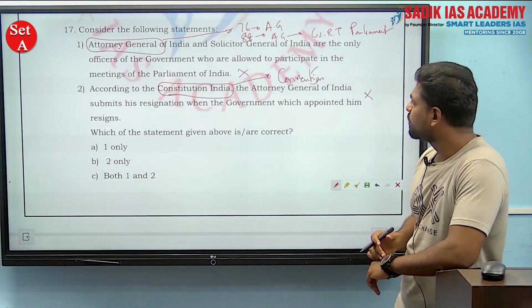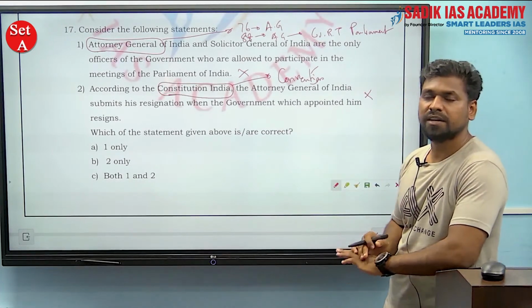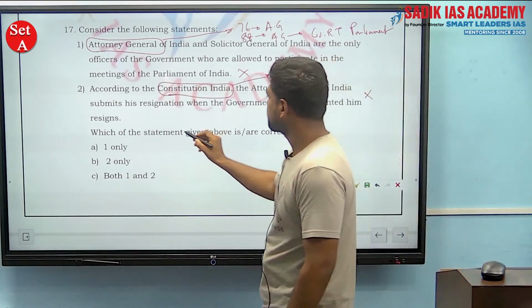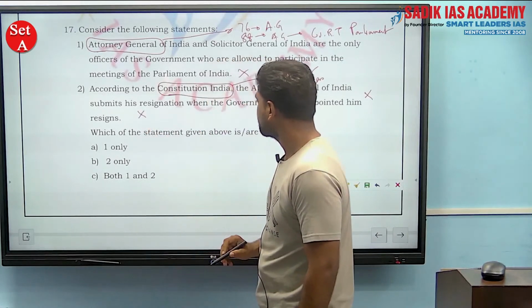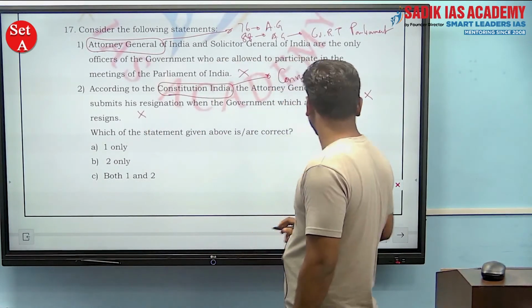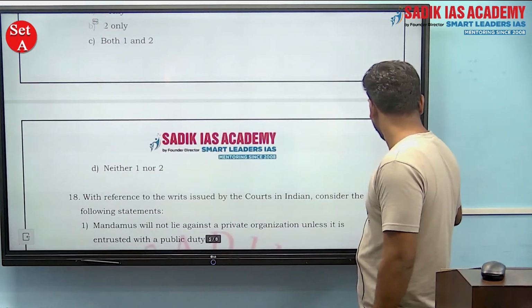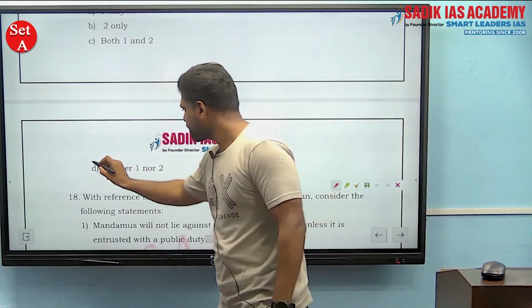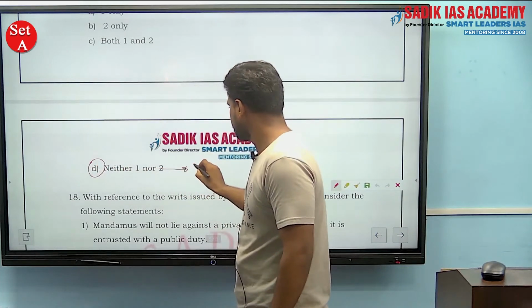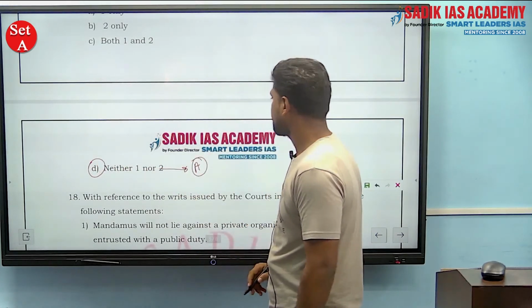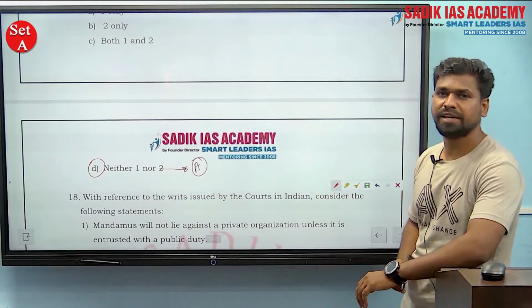Therefore, statement 2 is wrong because this provision is not in the Constitution. Therefore, the right answer here is neither 1 nor 2. The right answer is option D, neither 1 nor 2.